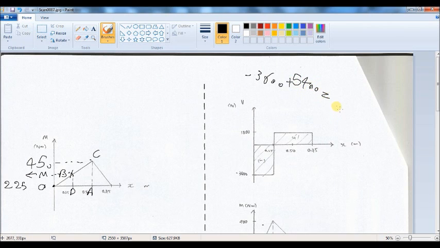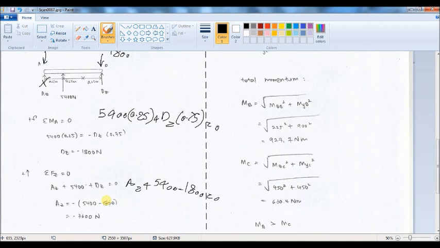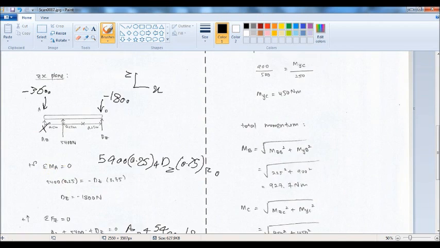5,400 equals 1,800 positive. Okay, so I will draw a line from here to 1,800. Then I will continue again up to the next load, which is the reaction load at the end of the shaft, and equals negative 1,800.